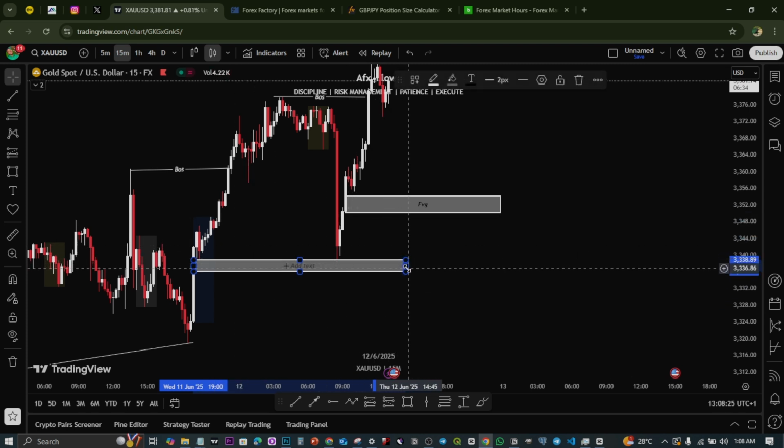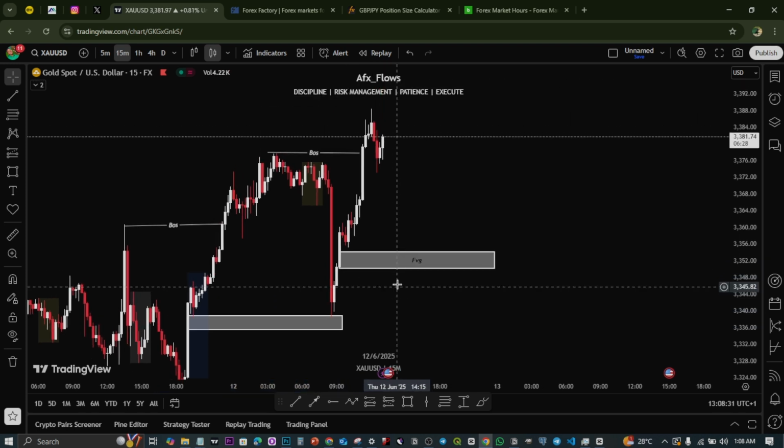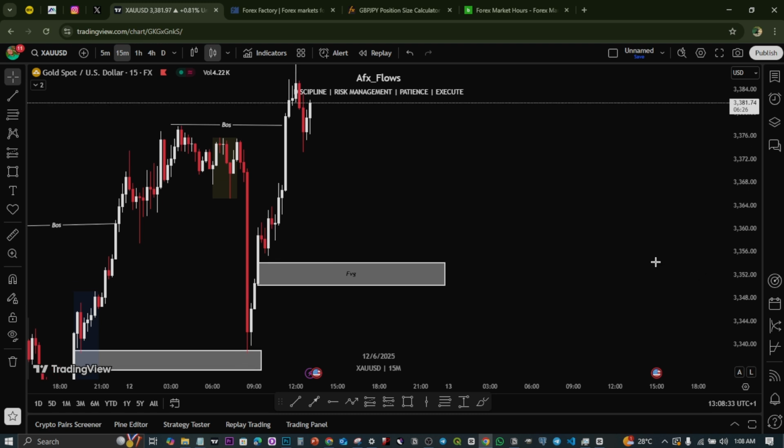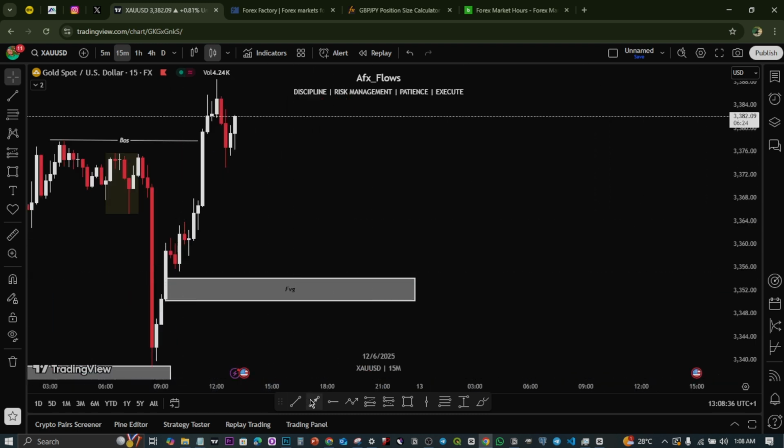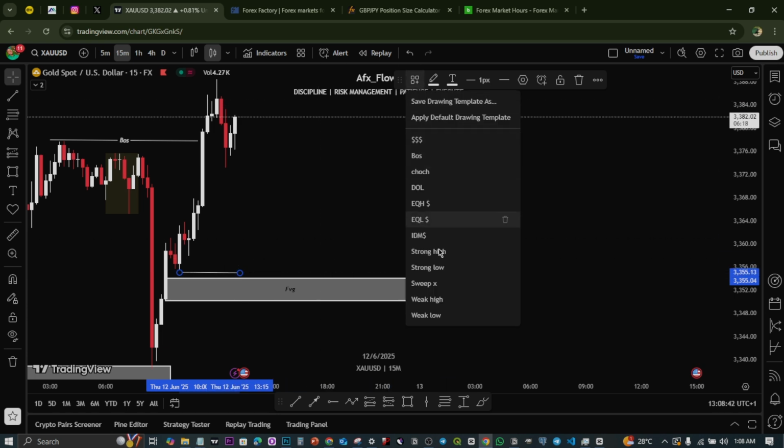So here has been taken out, this zone has been taken out. So the next zone now I want to do is this zone here, because I'm seeing an inducement here. An inducement is what takes people out of the market, mostly retail traders.